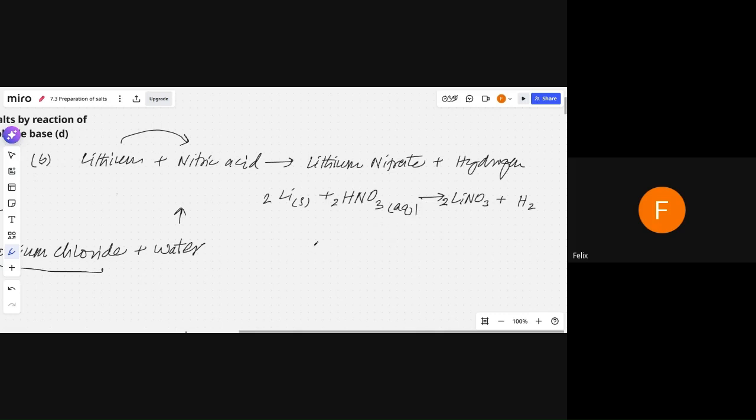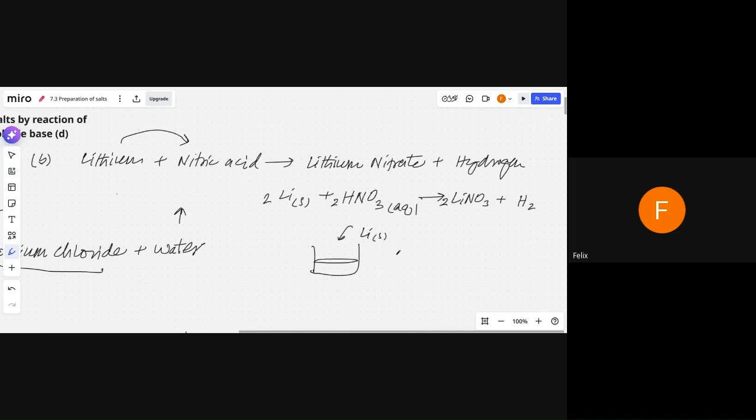So let's say we have acid in the beaker, and now we add lithium into this acid. We will keep on adding it until it stops disappearing.